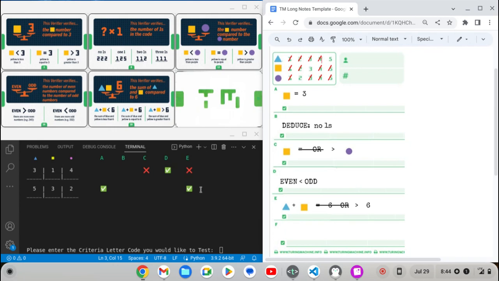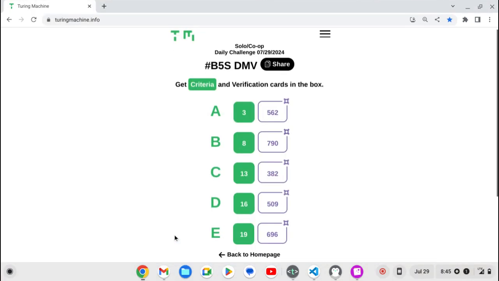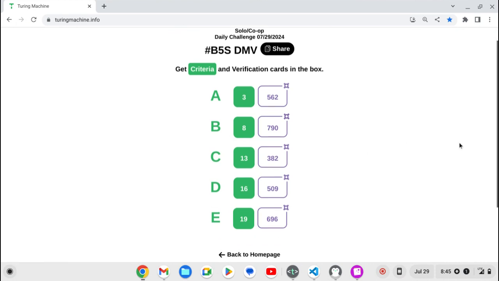All right. Well, let's see if all our logic pays off. So let's type up the solution of 5, 3, 2. Okay, looks good here. Let's go to turingmachine.info and verify 5, 3, 2.